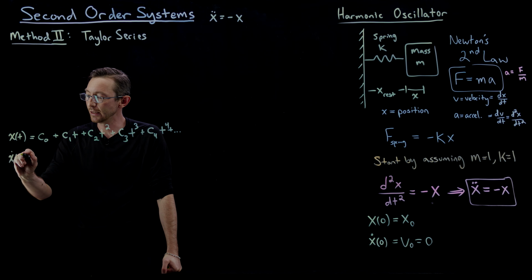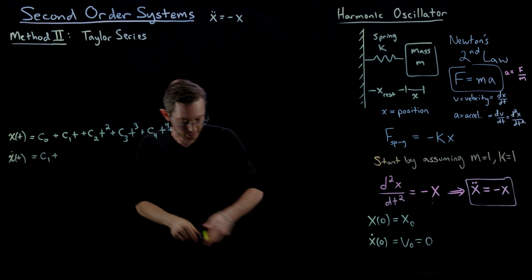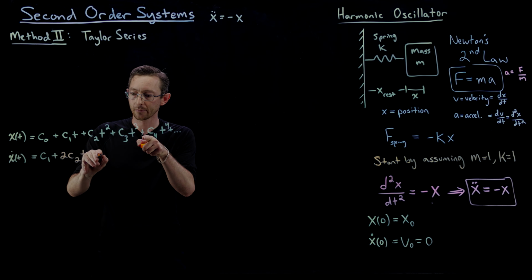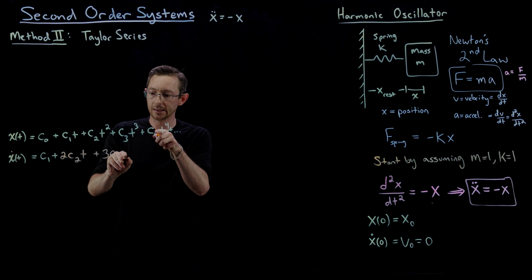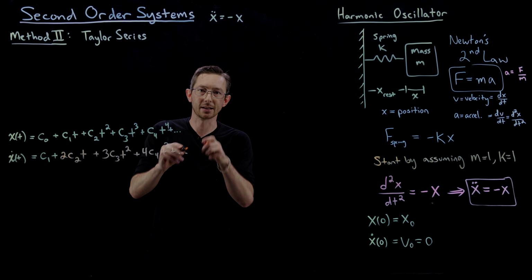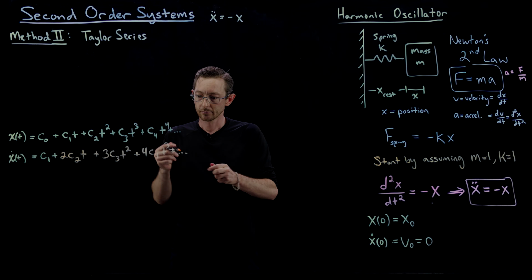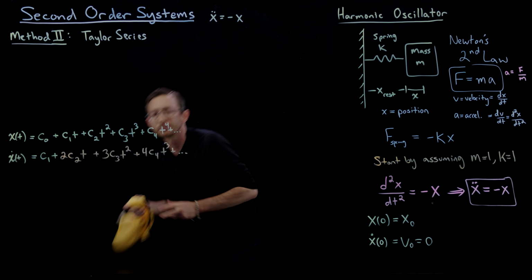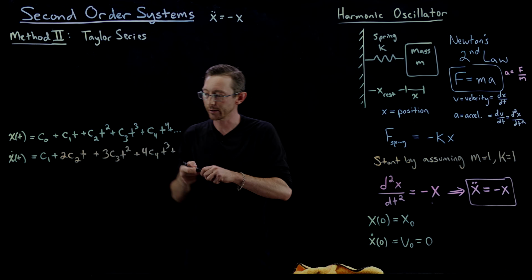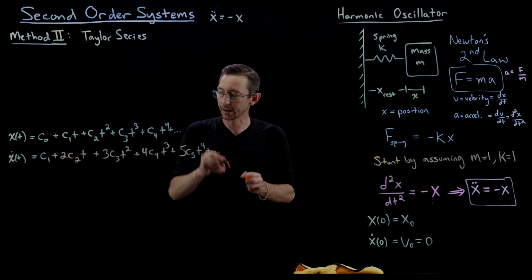So x dot of t is equal to c1 plus 2c2 t plus 3c3 t squared plus 4c4 t cubed plus, I'll try to keep all of the terms because I'm going to be setting them equal to each other, plus 5c5 t to the fourth plus dot, dot, dot.